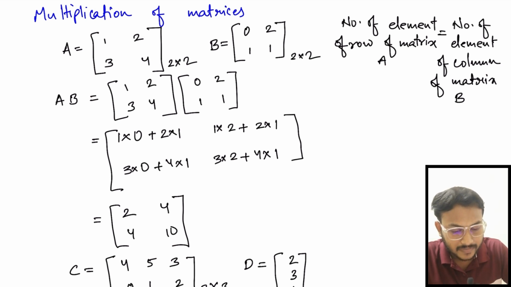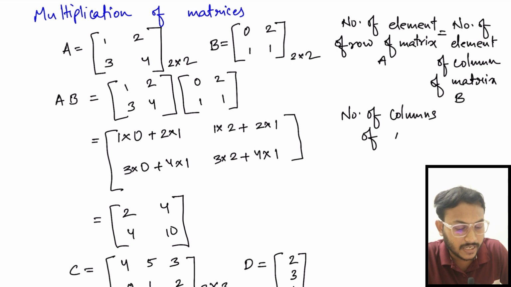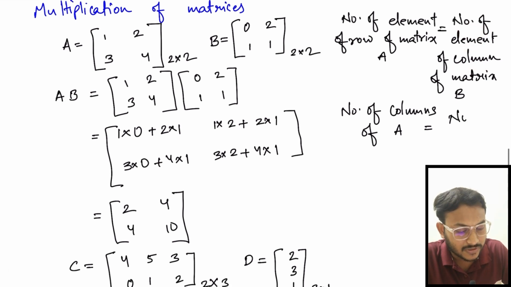So we can say that the number of elements of a row of matrix A is equal to the number of columns of A. And similarly I can say the number of elements in a column is the number of rows.